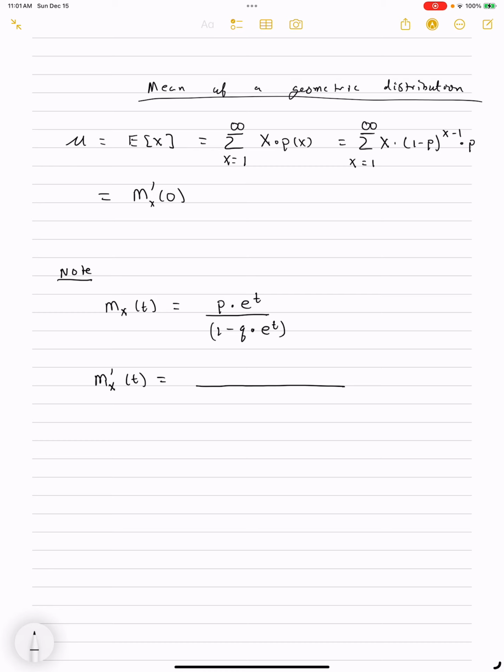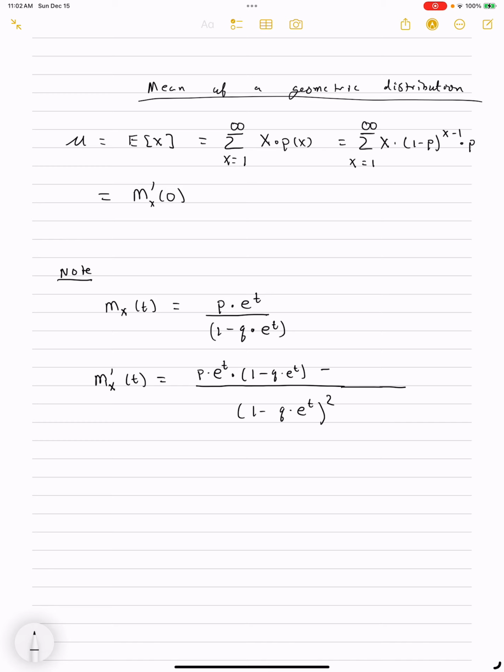The derivative of the top is itself. We're going to multiply by the bottom. Okay, we're going to square the bottom. Then we're going to subtract the top.